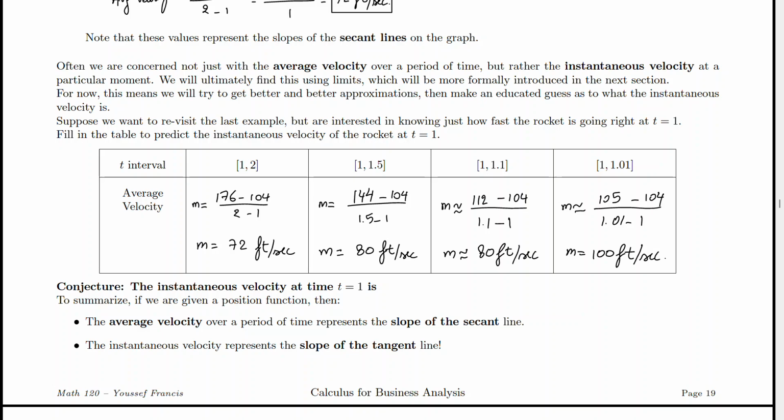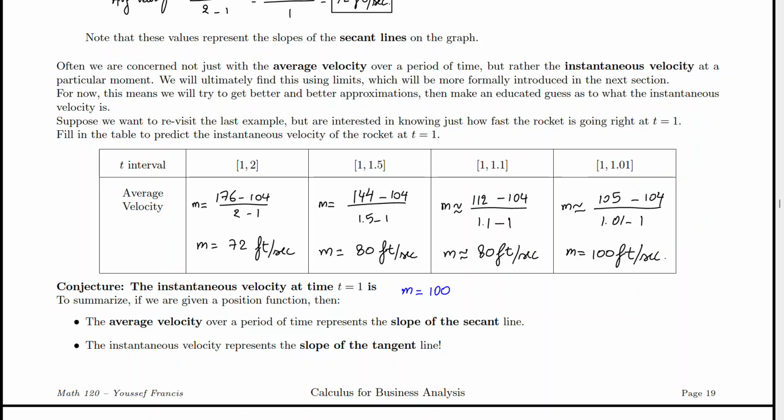If I were a betting man, which I'm not, I would probably say that I think the slope should be 100 at the time when t is equal to 1. And that's because I picked these two numbers really, really close to each other, and the result was 100. It kind of went from 72 to 80 to maybe like 85 for the middle one. We rounded off a little bit, and then it became 100. So it seems like the numbers are approaching 100 as I do this process over and over.